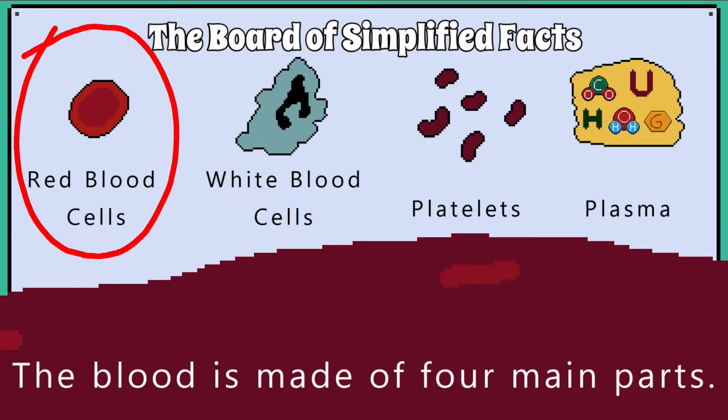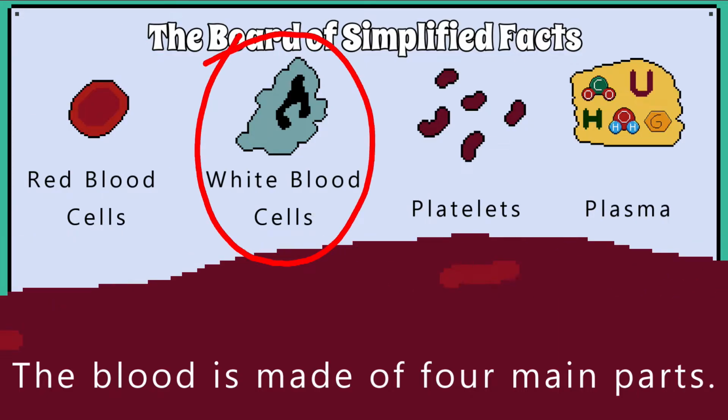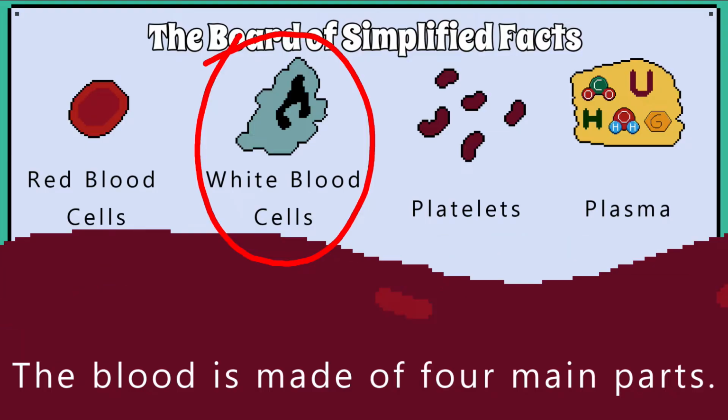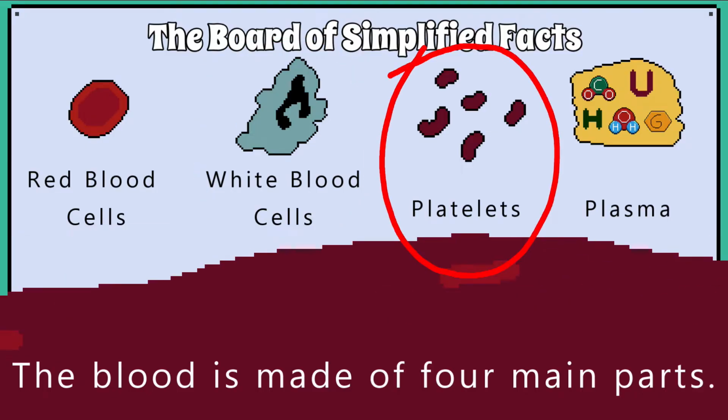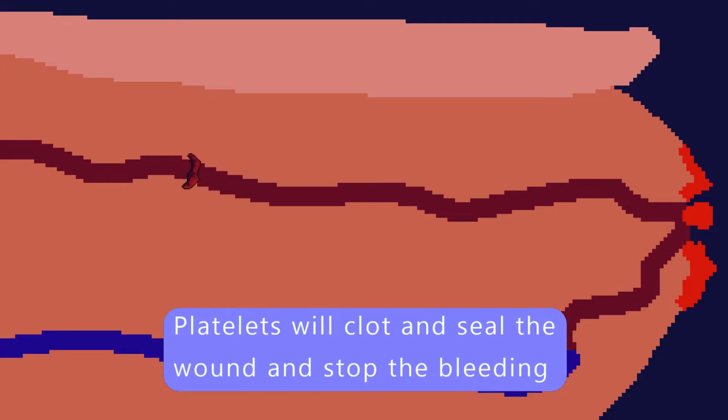The blood has four main parts: the red blood cells, which we have already mentioned; white blood cells like phagocytes, which help defend our body against pathogens; and platelets, which are required for clotting blood. For example, if you have a cut on your finger, the platelets will clot and seal the wound and stop the bleeding.